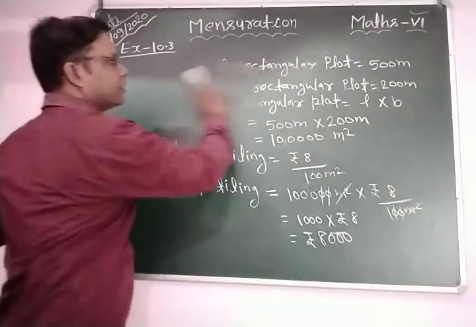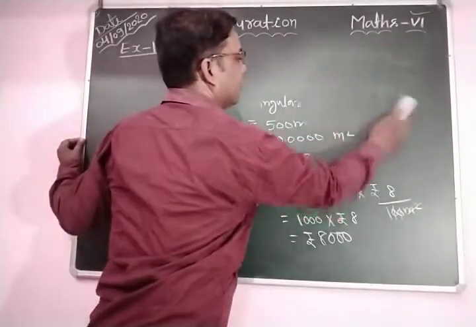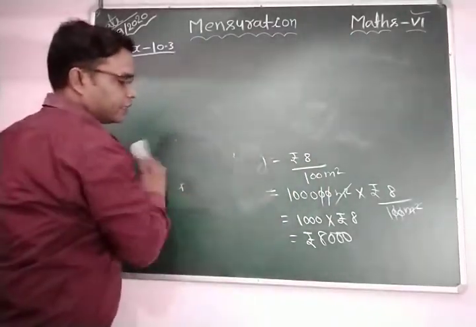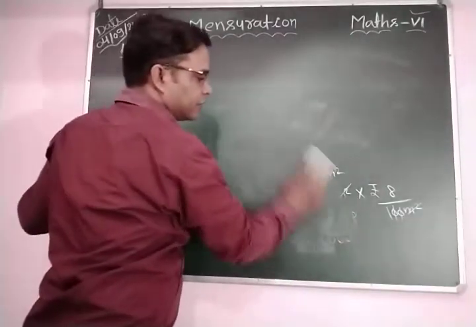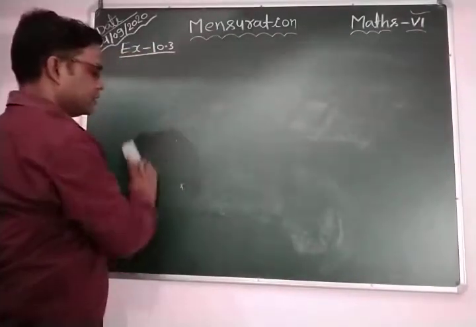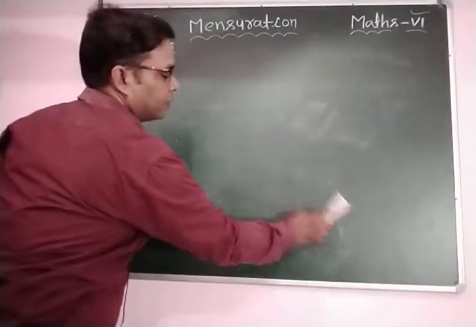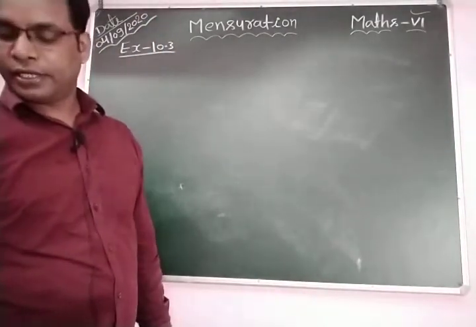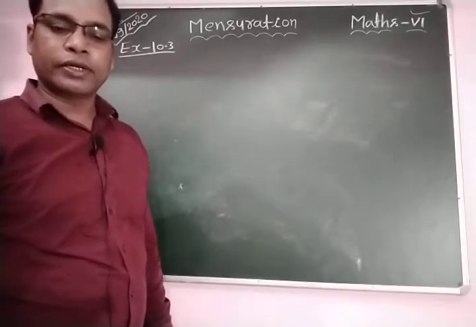You know very well the area of a rectangular shape is length into breadth. The tabletop is also the shape of a rectangle, so we find the area of the tabletop, which is equal to length into breadth, and the length and the breadth are given here.